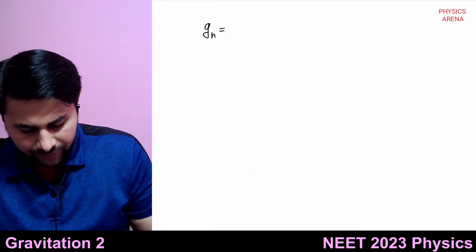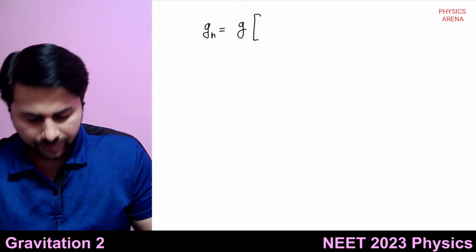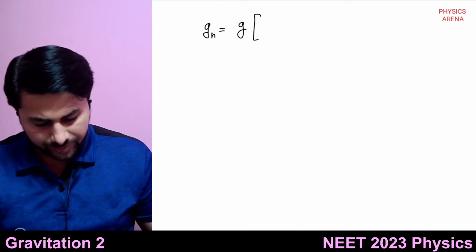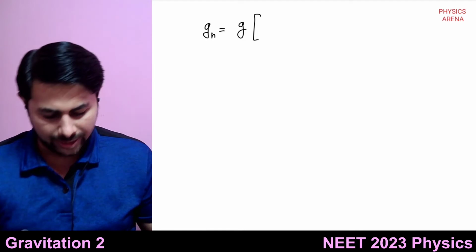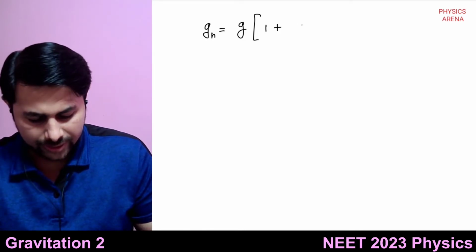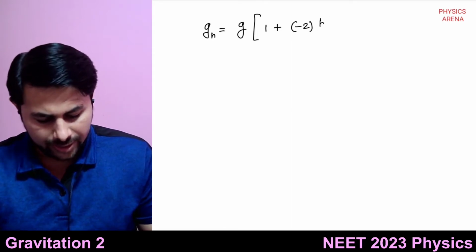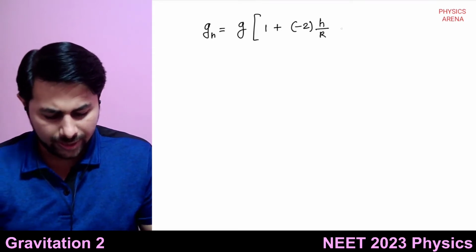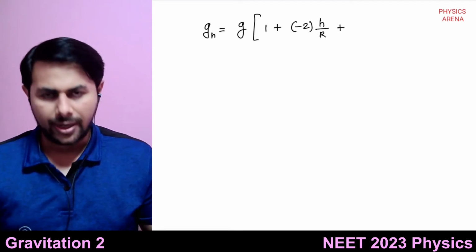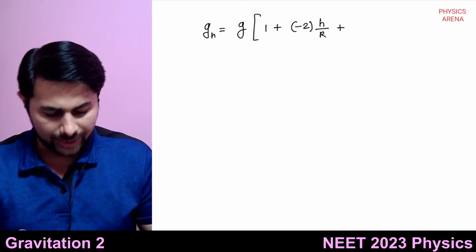We get gh is equal to g multiplied by the binomial expansion of that term, 1 plus h upon r raised to minus 2, which is 1 plus n is minus 2, x is h upon r. So minus 2 multiplied by h upon r plus you have n multiplied by n minus 1 upon 2 factorial.